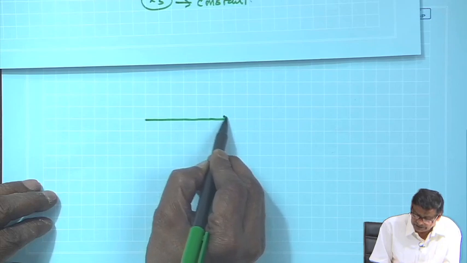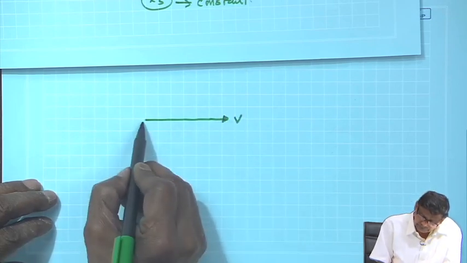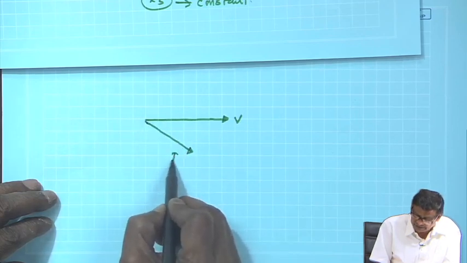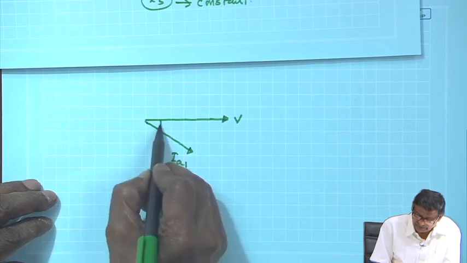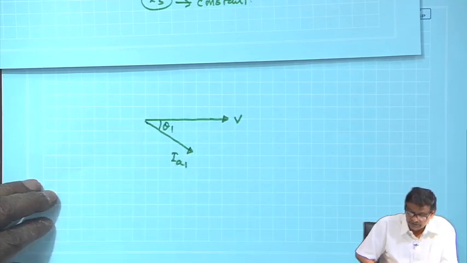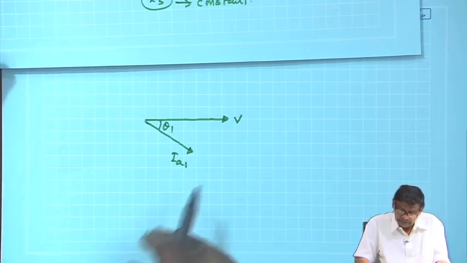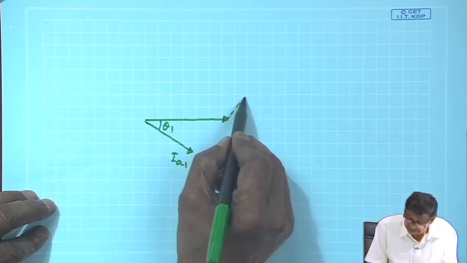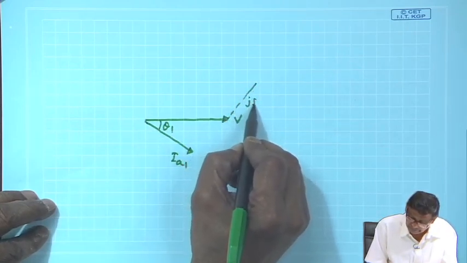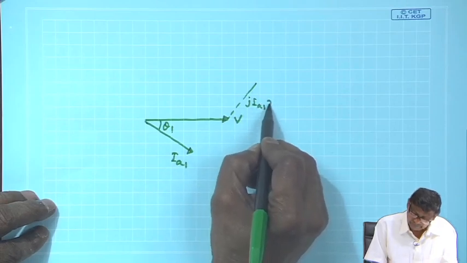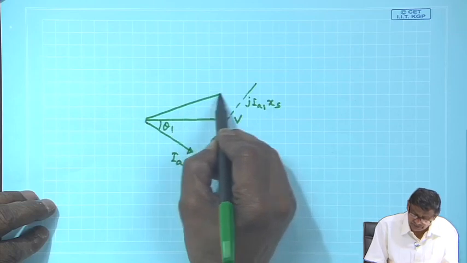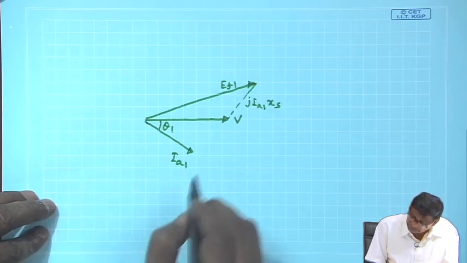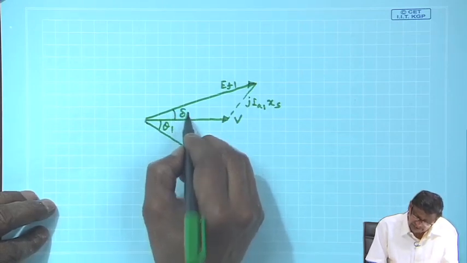This is the terminal voltage V. Suppose the generator is operating at some power factor angle theta 1, delivering a current of I_A1. So, where is your E_F? It is V plus jI_A1 X_S, and this will be your excitation E_F1, and the load angle is delta 1.